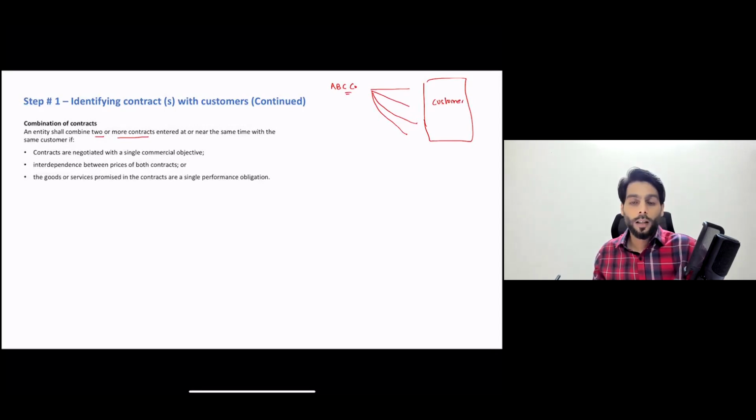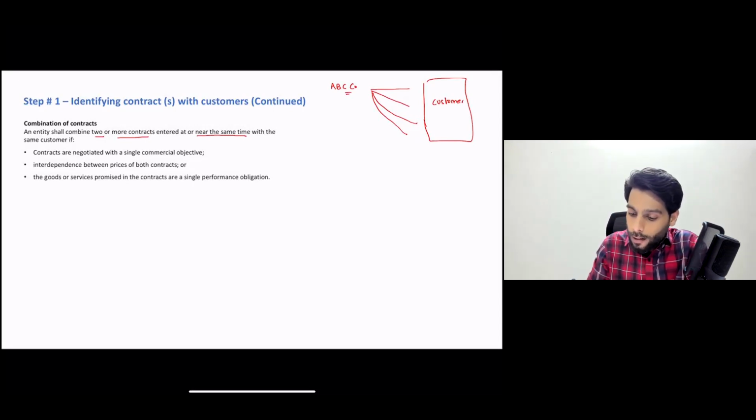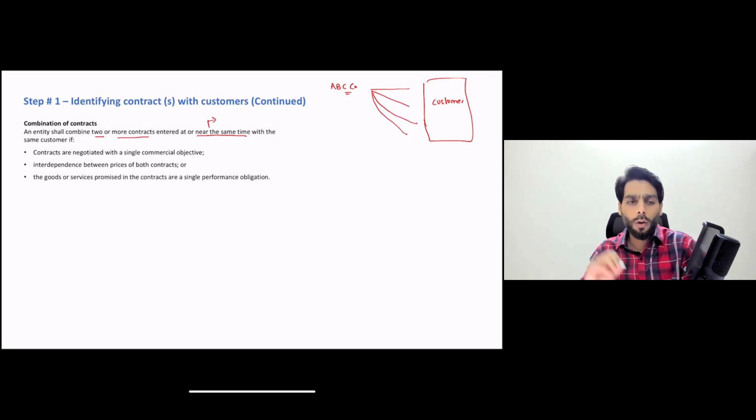If an entity enters into multiple contracts with the customer at that time or near to that time, what do we mean by near to that time?